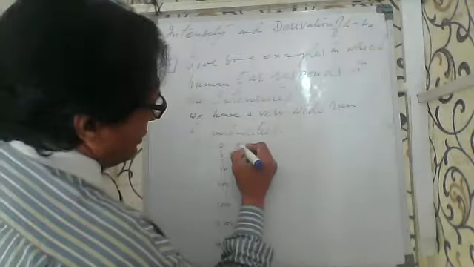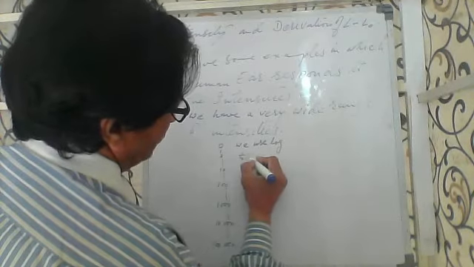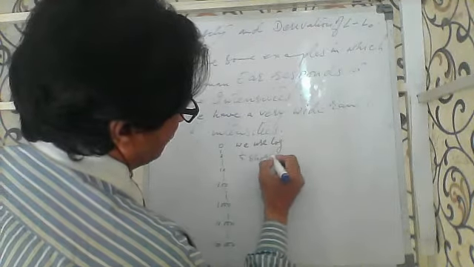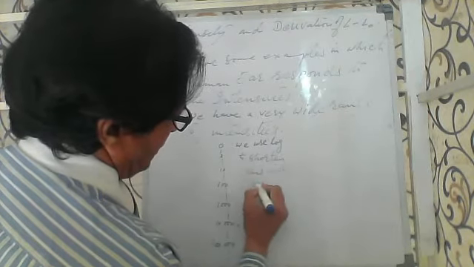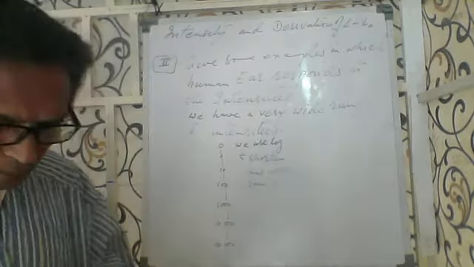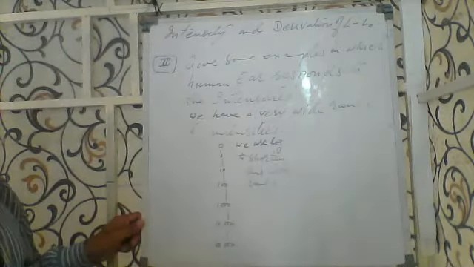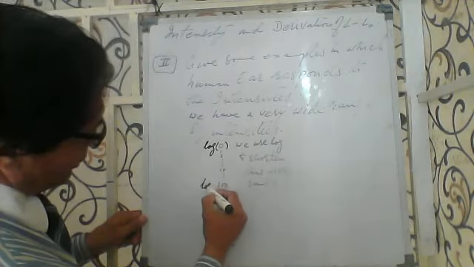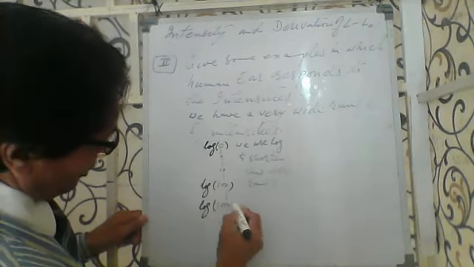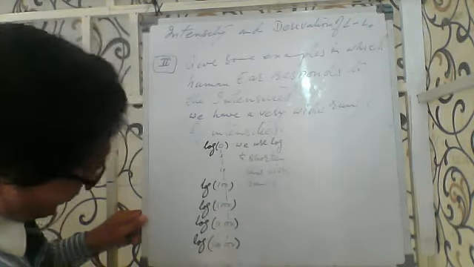How to shorten this range? We use log to shorten this wide range. How? You can say we take log of all these numbers. So log of 0, log of 10, log of 100, log of 1000, log of 10,000, log of 100,000, and so on.